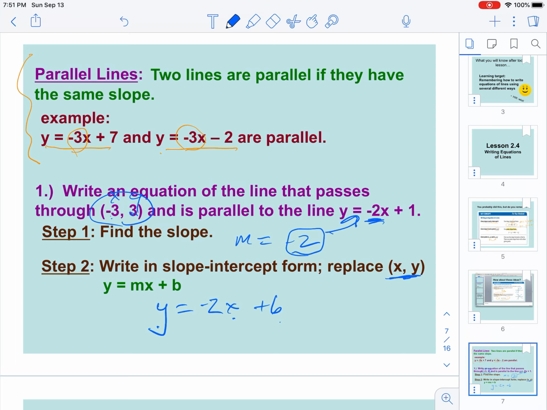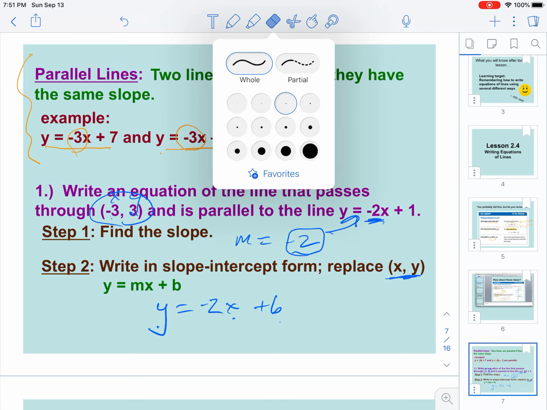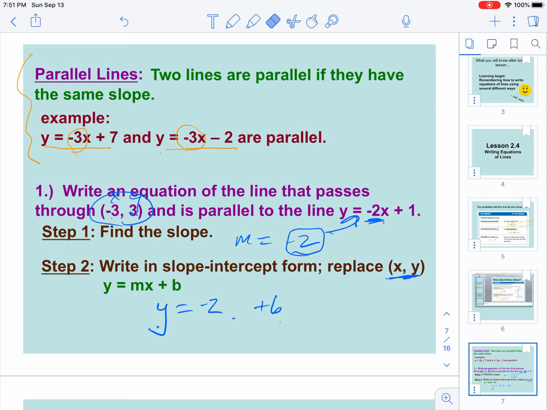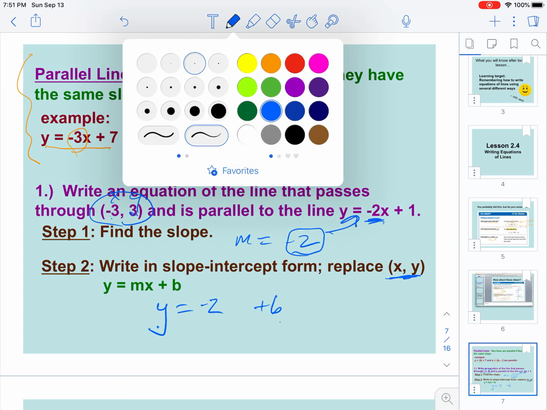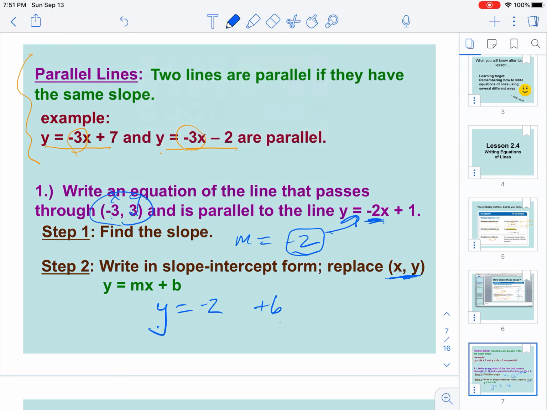So where I see an x right here, I'm going to put in a -3. Where I see the y right here, I'm going to put in the 3.